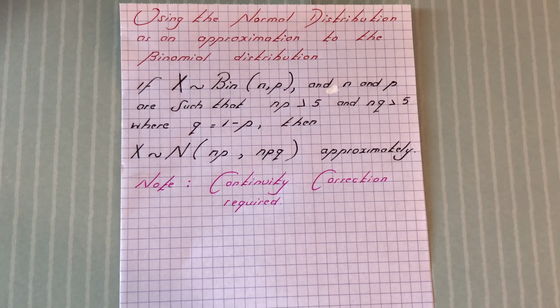So np is the mean, npq is the variance. Since we are converting a discrete distribution to a continuous distribution, we have to do a continuity correction.